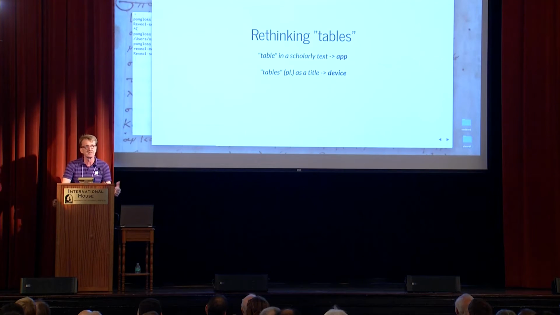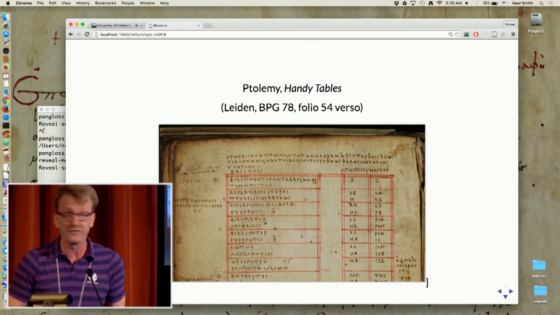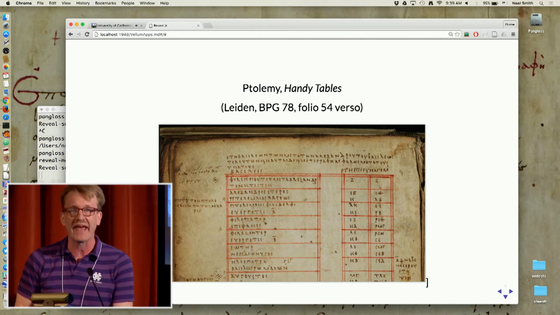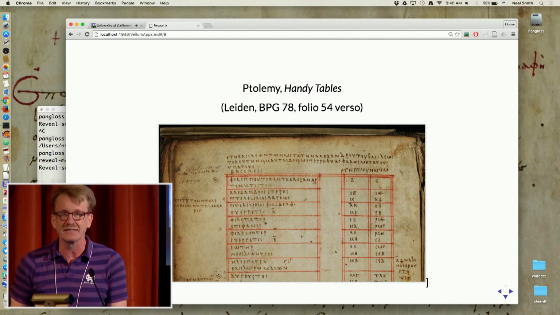an app. And there are even works that have the word tables in the plural in their title. No text, just tables. So I want to suggest that you think of those as a device, a collection of tables for a particular purpose. Ptolemy is an author of one of those, a work called The Handy Tables, hardly studied by classicists.